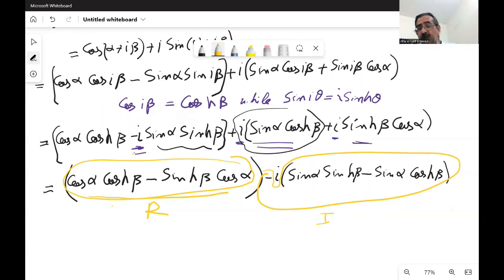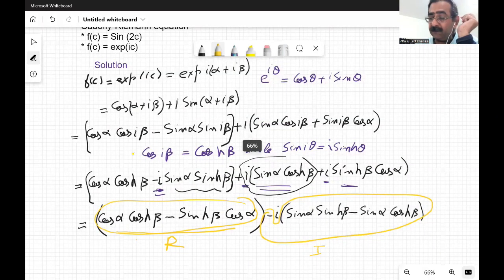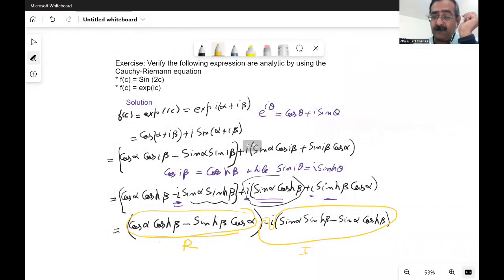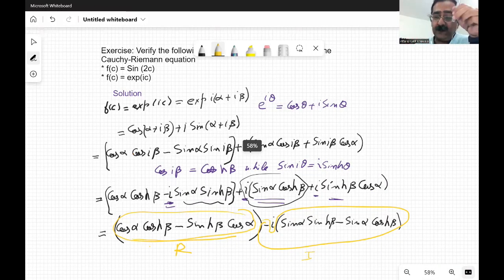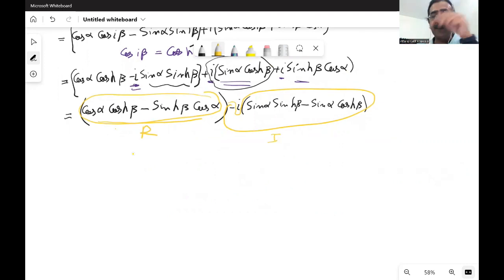Okay, so now it is easy to solve. So how will we solve it?